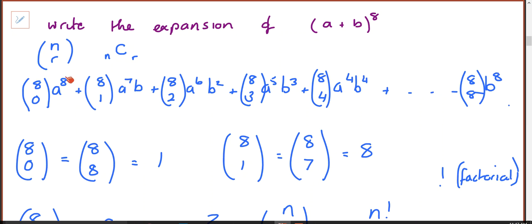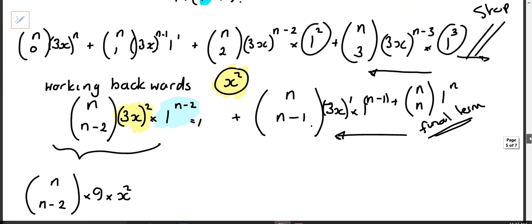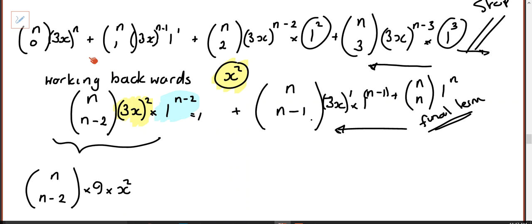Here, look, the first term of an expansion of 8 is the a to the power of 8. The final term is the b to the power of 8, with no a. I've just used that information here. If I start that way, it's 3x to the power of n. But if I start from the other end, it's 1 to the power of n. So I'm working the opposite way.